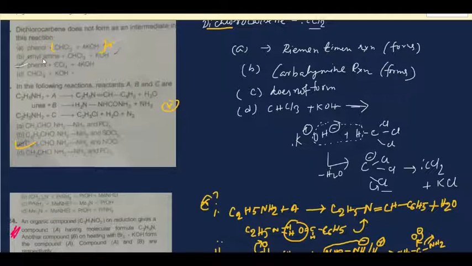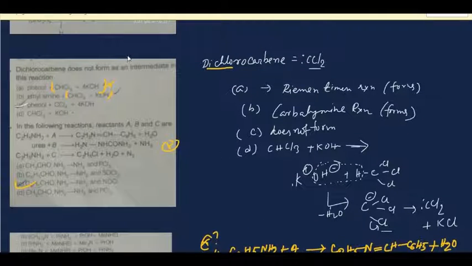The next option is ethylamine plus CHCl3 plus KOH. Here also CHCl3 and KOH are there. It is the main ingredient for the formation of dichlorocarbene, so this one is also not possible.